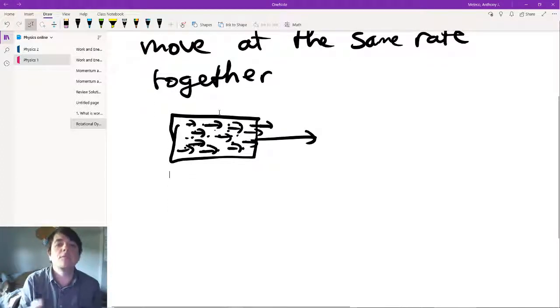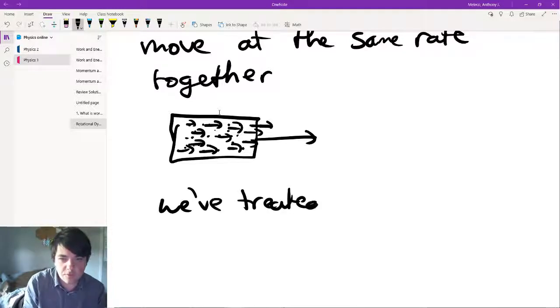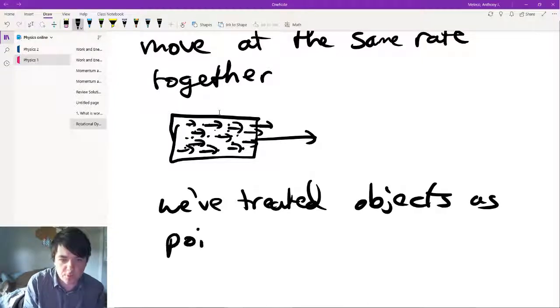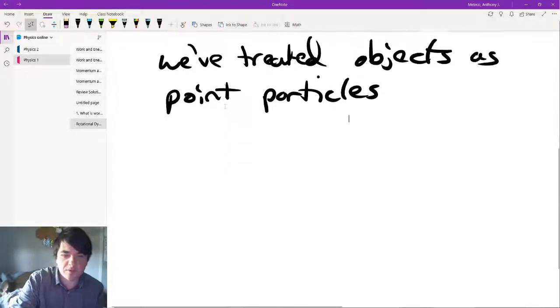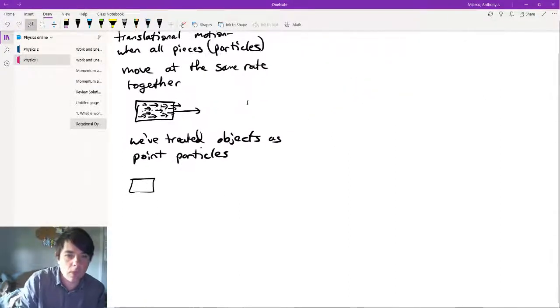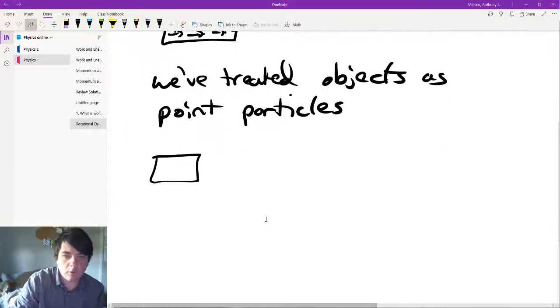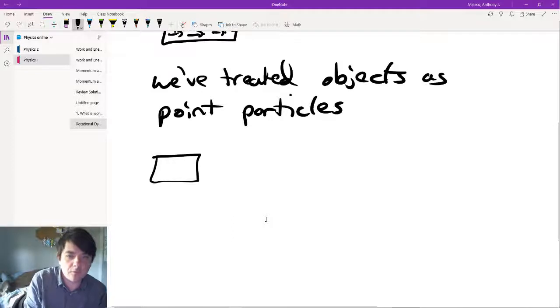And the reason this is true for us is because we've treated objects as point particles this whole time, which means that a box just turns into a particle.